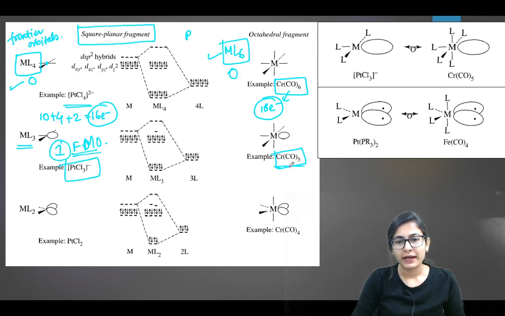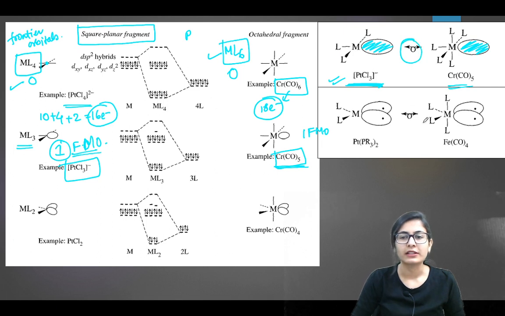Similarly, pentacarbonyl chromium is again bringing only one frontier molecular orbital. So this is how you predict that the square planar complex, even though it is PtCl3 minus, even though the number of electrons are not the same, is bringing forth only one FMO. Similarly for the octahedral complex like this, and hence both of these are isolobal, right? It's a very important concept.